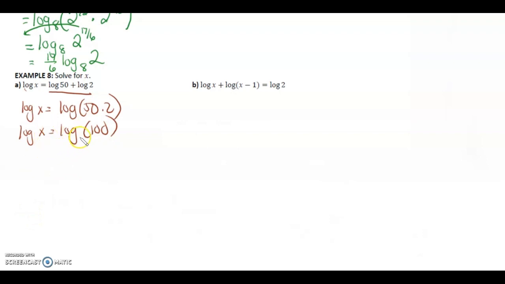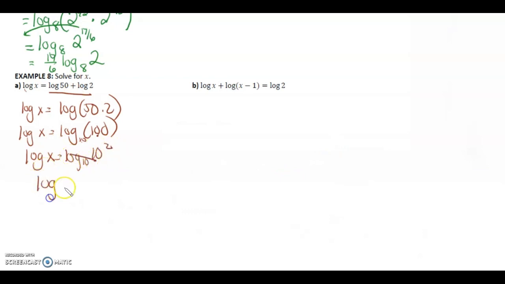As soon as you see 100, 1,000, 10,000, it should trigger your memory: we know log base 10 of 100 is 2. So we have log base 10 of 10 squared, which cancels to 2. So we have log x equals 2.